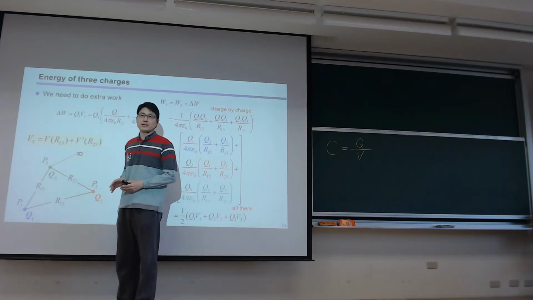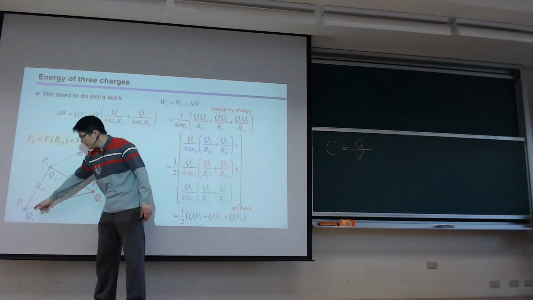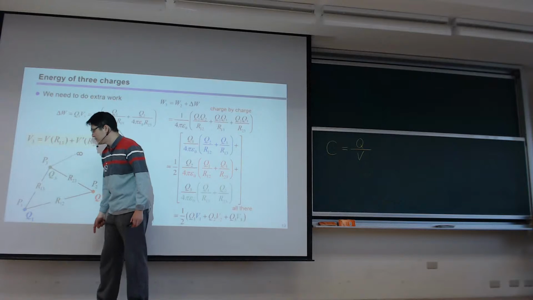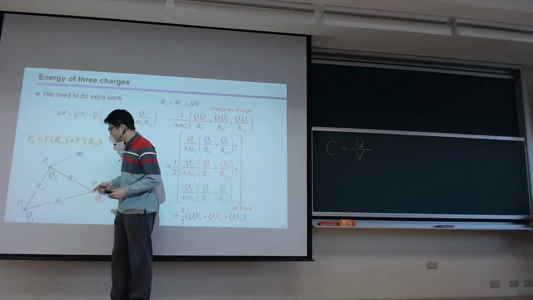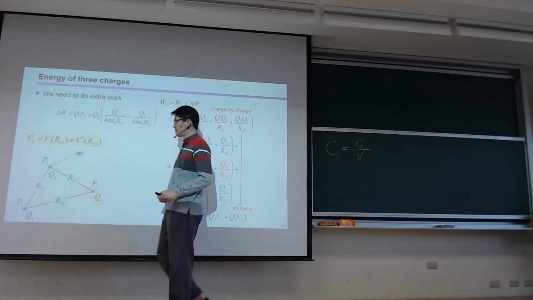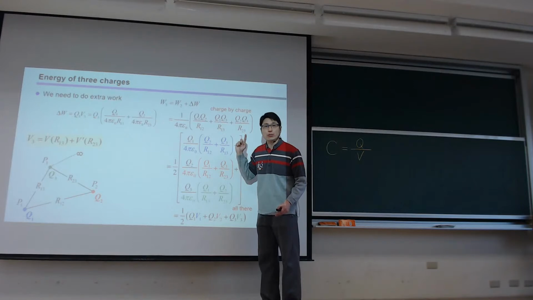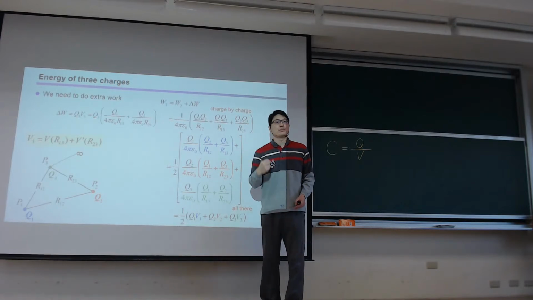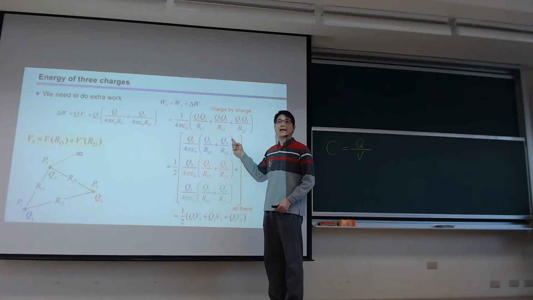They're all there simultaneously at the same time. So if I have charged particle 1, then I have to work against the potentials of these 2 charges, right? Therefore, Q1, you have to work against V1. V1 has 2 contributions. The potential coming from charge 2 plus the potential coming from charge 3.